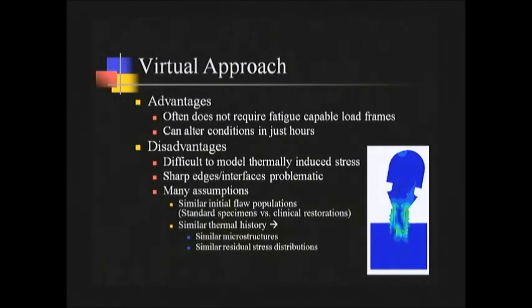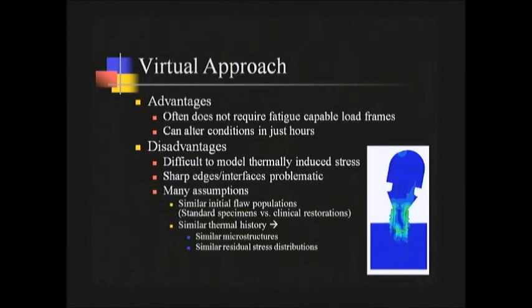And then the computer model involves many assumptions, such as if you use standard geometry specimens, then are those going to have the same initial flaw population as a clinical restoration? Are you going to process them in the same way? In polishing them to make them a standard geometry, maybe you will alter the initial flaw population.